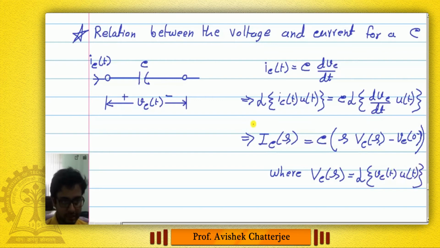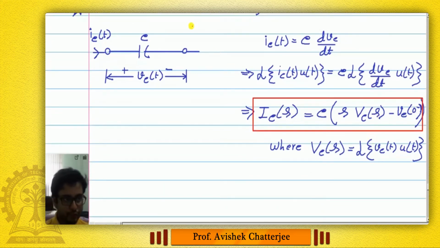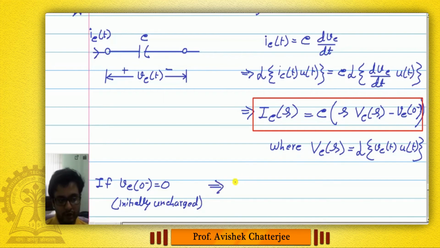Once again, you observe that we have minus VC(0-), and if VC(0-) is equal to 0, that means initially uncharged capacitor, then this relation will look nicer.